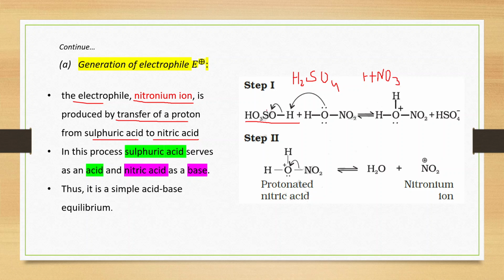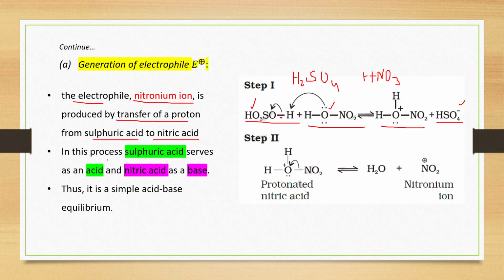This H2SO4 can be written like this, and this is HNO3. Now what happens in this? This bond will break down, or we can say H plus will be released from H2SO4, and this H plus will be accepted by nitric acid at this oxygen. So we will get HSO4 minus and we will get this protonated nitric acid.